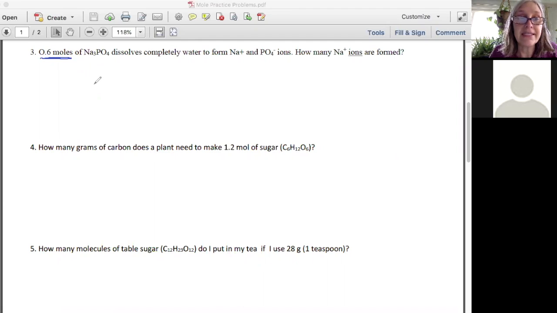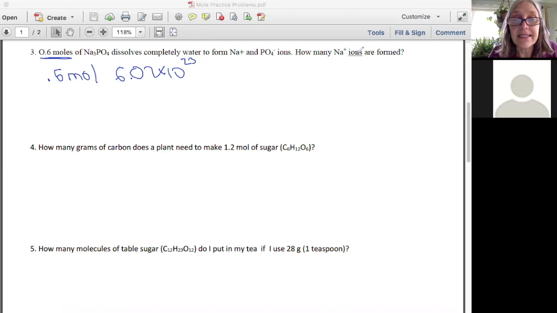And that can make it harder because you're not always doing the same thing. So in this case, we can convert from moles to grams, but we can also convert from moles to particles, and that's what we're doing here. So this is going a different direction. We've got 6 moles, and then instead of the formula mass, what we need is Avogadro's number, which is 6.02 times 10 to the 23rd, and then it's particles, any kind of particle.